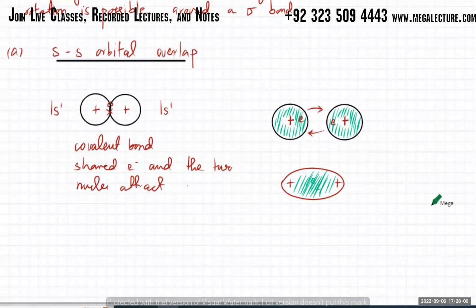Yes, sir. So that's an s-s overlap. It's one s orbital overlapping with another s orbital forming a sigma bond or a sigma bonding orbital. This one was s, this one was also s, and eventually they merge. That's it. This is what hydrogen would look like. That's an H2 molecule.